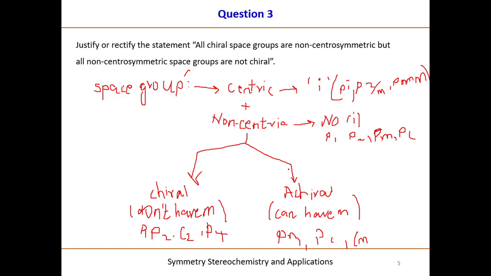So chiral is a subpart of non-centrosymmetric, but non-centrosymmetric is the parent of chiral and achiral molecules. I hope this is also clear to you.